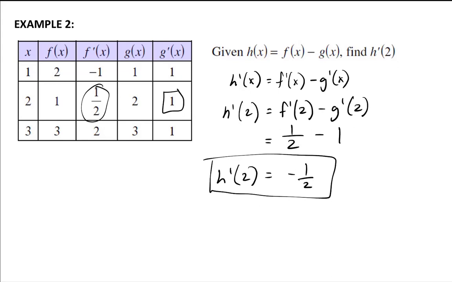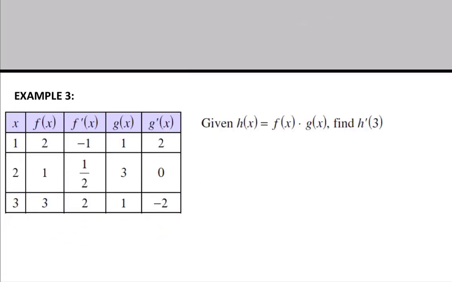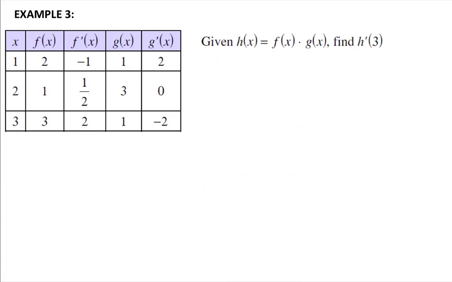Okay. So now let's look at this one here. The main thing with these is going to be, what rule are we using? That's where we're going to start with this guy. So for this guy here, which rule are we using? Product rule. Yeah, product rule.